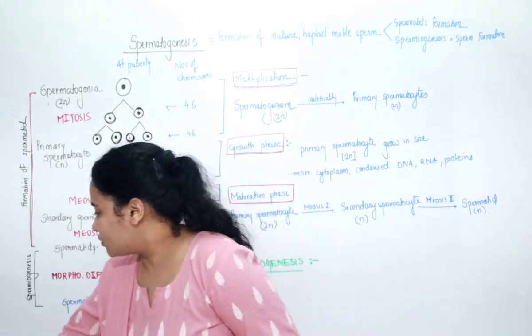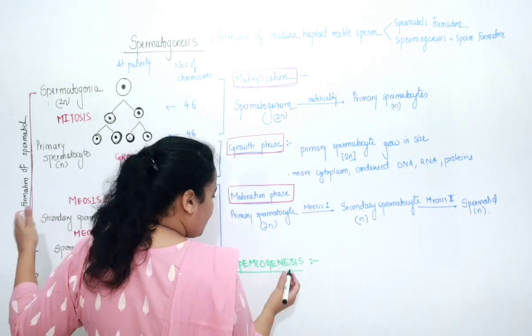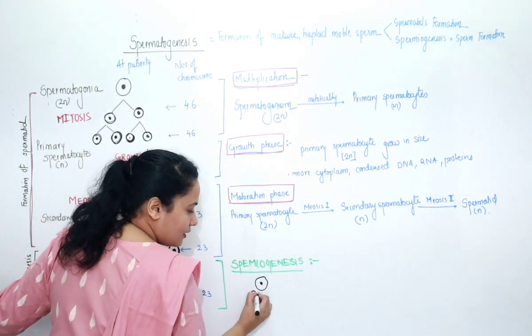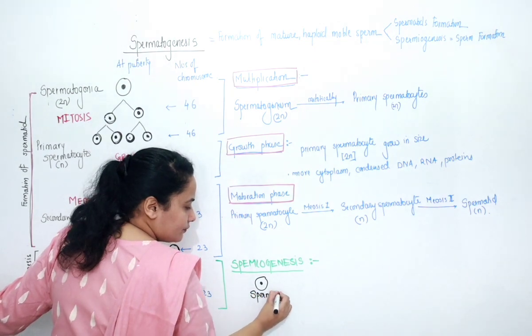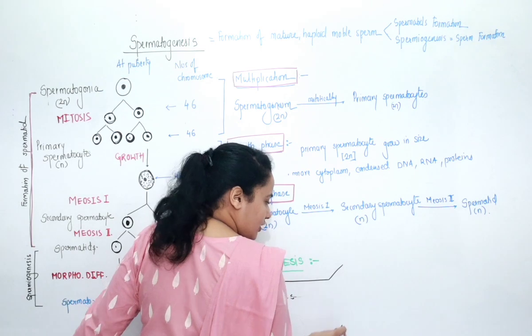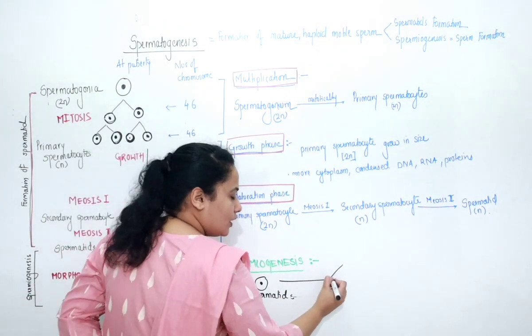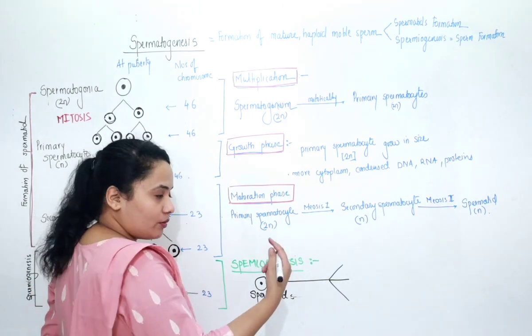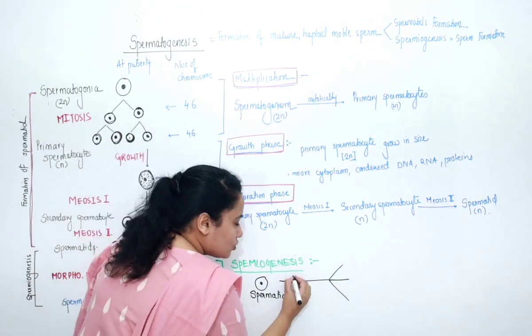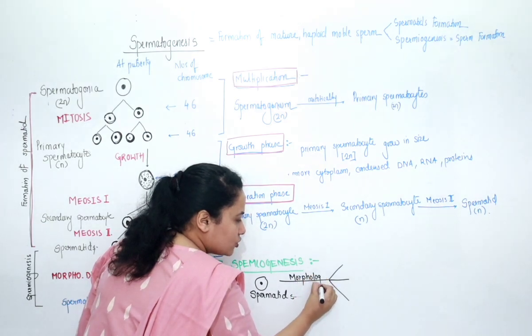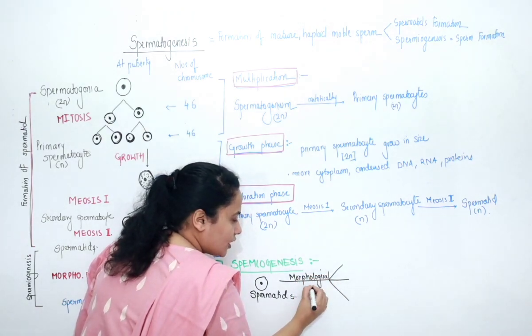In spermatogenesis, the spermatid, that is this, right? Let's say this is spermatid, is undergoing morphological changes.